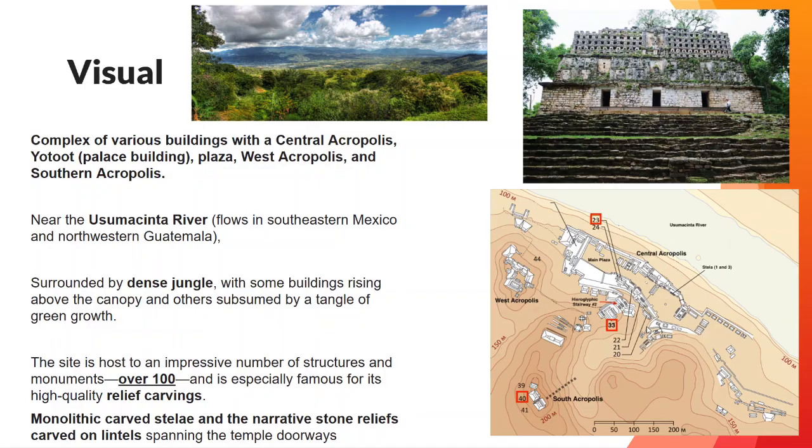So we're going to see some carved stele and narrative stone reliefs on lintels that are spanning the doorways. So you can see some lintel action right up there on this three doorway structure. There's that trapezoid look that I was talking about, some latticing.